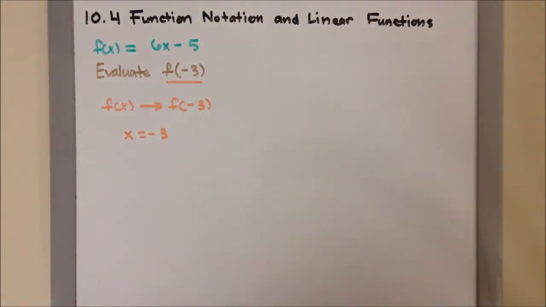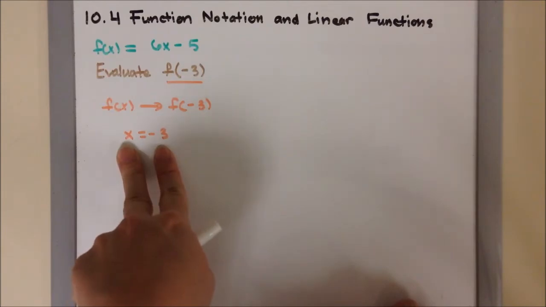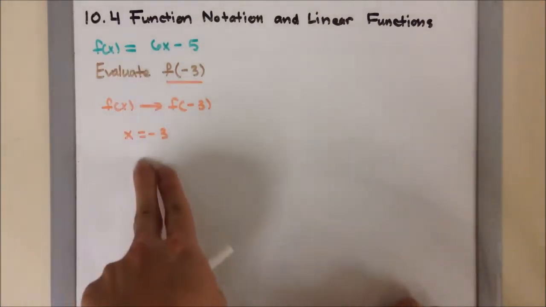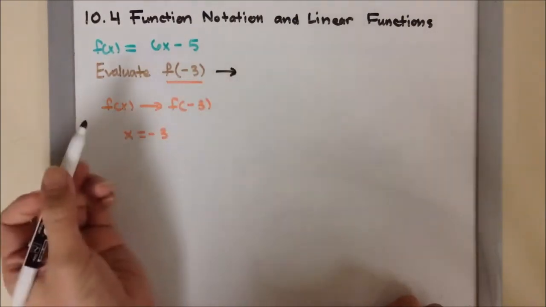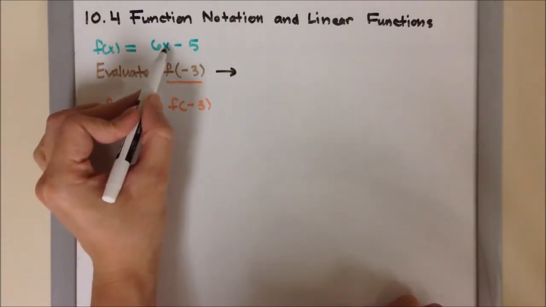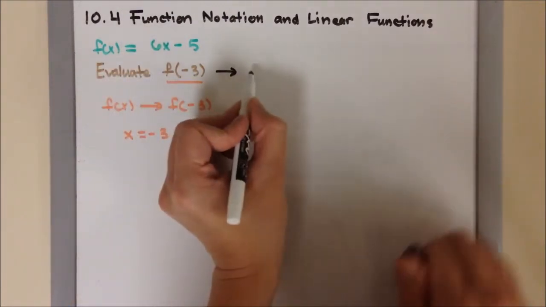So when it says evaluate f of negative 3, basically we're going to use negative 3 as the x value. So I'm going to plug in negative 3 into this x. Let me write out the whole work.